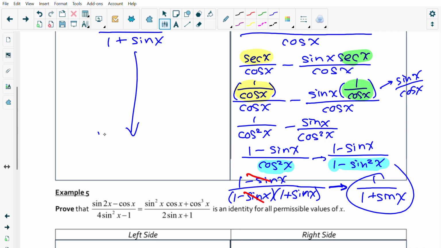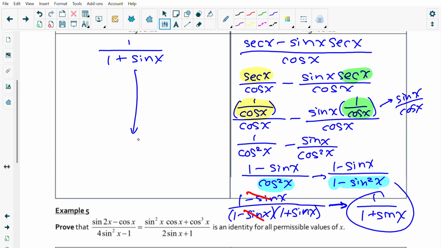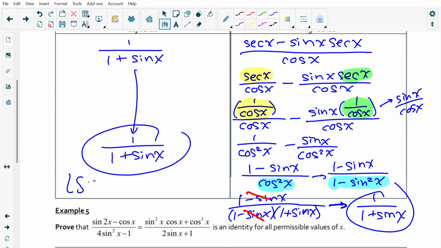Well, that is what our original identity on the left side is, 1 over 1 plus sine of x. Left side equals right side.